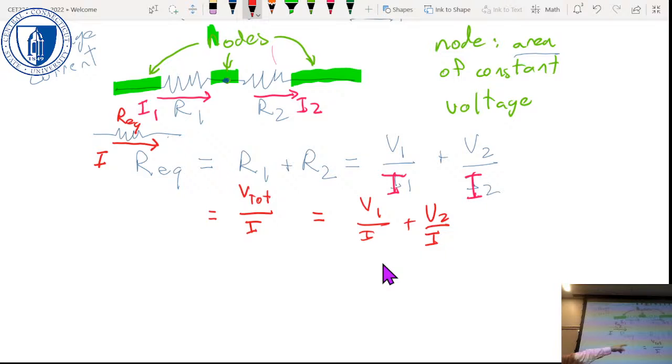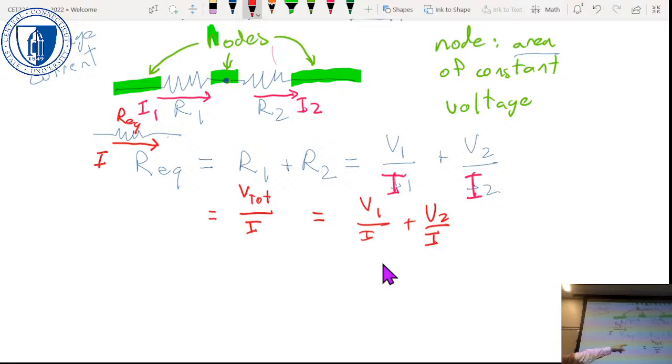Let's just go back to our list of things and see where we are. So I talked about series circuits. I talked about Kirchhoff's current law.